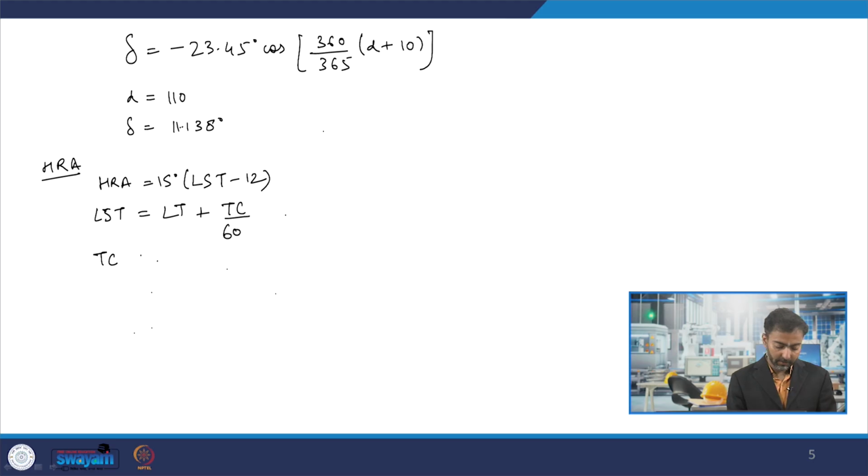Time correction is given by 4 times the longitude of the location minus the local time meridian LTM, plus EOT or equation of time.